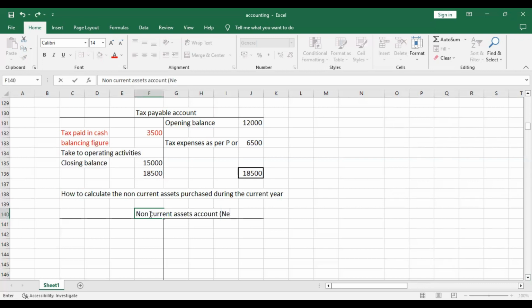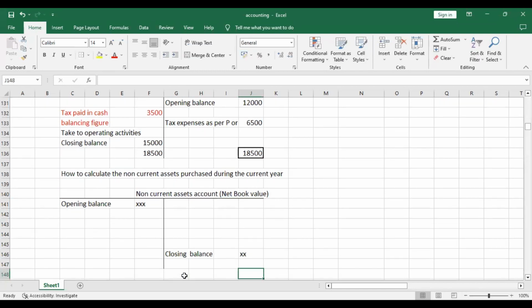It is net book value; you have to take it. Since non-current assets are fixed assets, the opening balance of these fixed assets will always be on the debit side. Please understand, opening balance on the debit side always. Then closing balance will be on the credit side always.